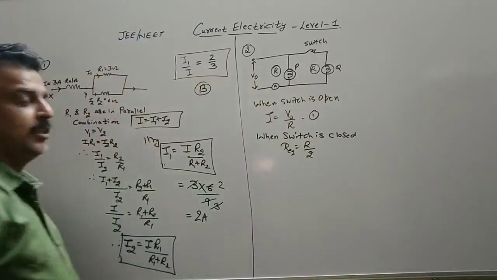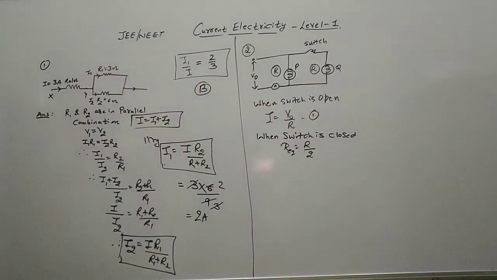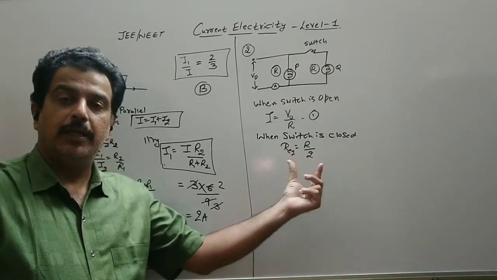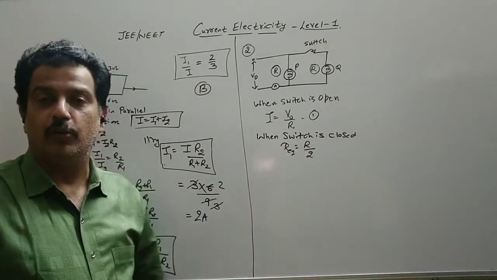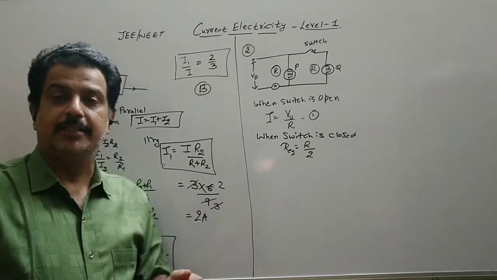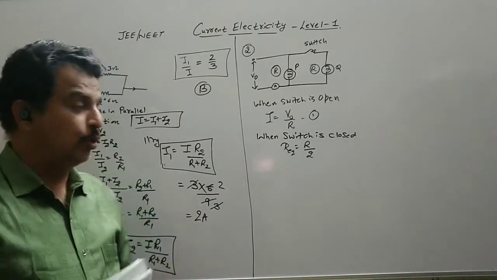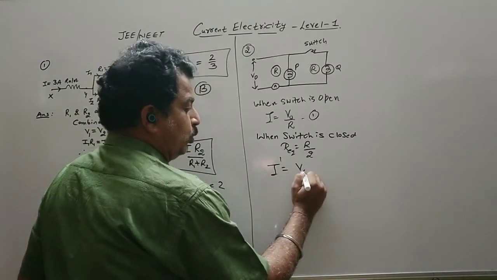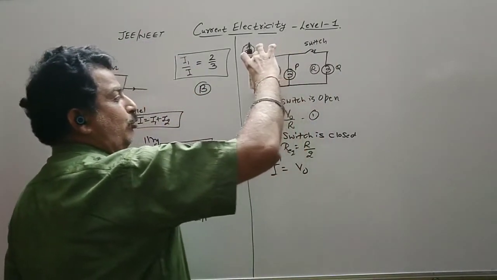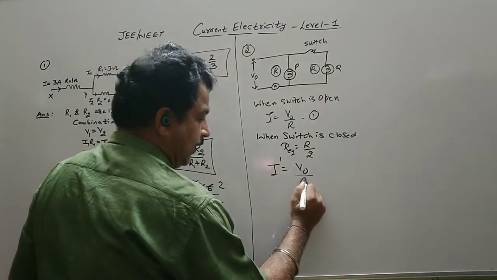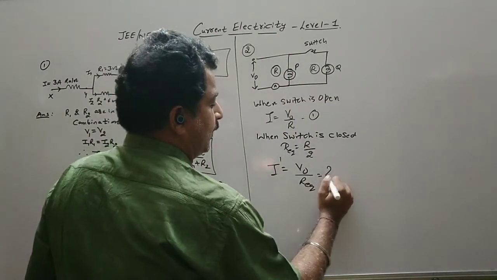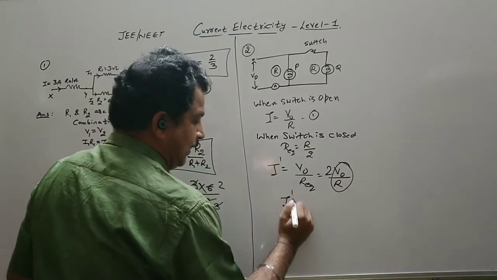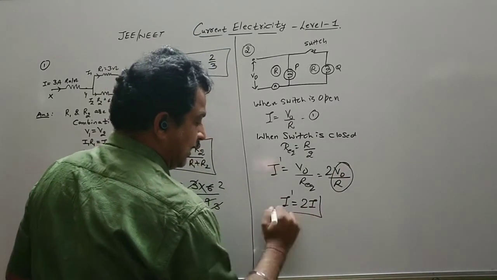Clearly, the new resistance becomes half of the original. As the resistance decreases, the current in the circuit should increase. So I dash will be equal to, again both are in parallel combination so the voltage is the same, divided by R equivalent, that is equal to twice V0 upon R. So this is your I, so it becomes twice I.